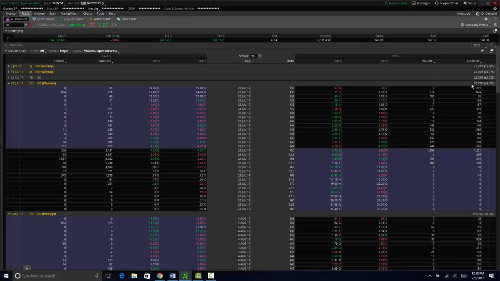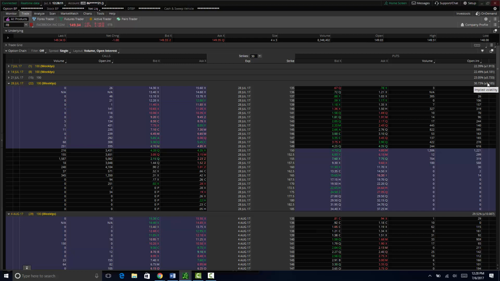This, I'm assuming, is the earnings event week, so July 28th expiration. So maybe they report on the 25th, but I would say that this option expiration, the 28th, captures the earnings event because of volatility going higher.